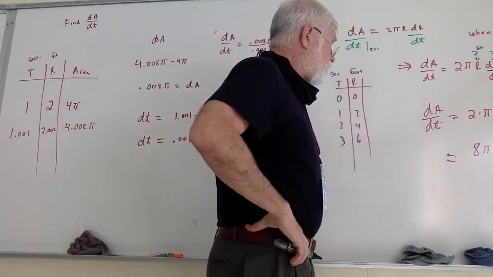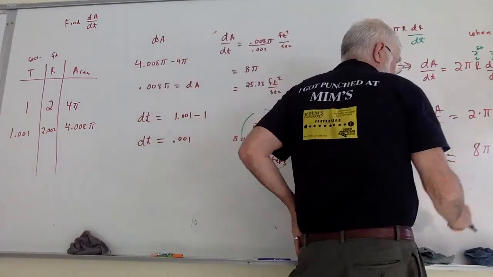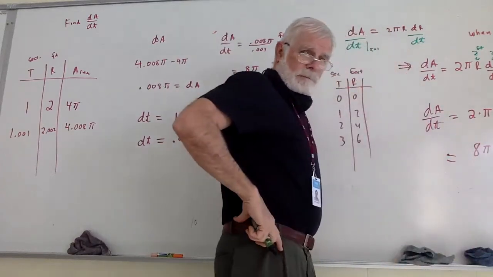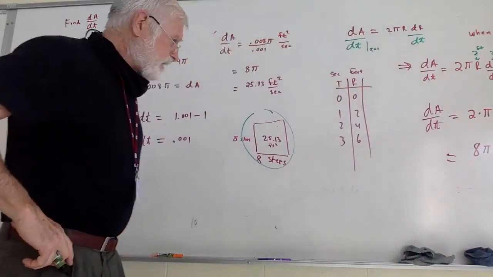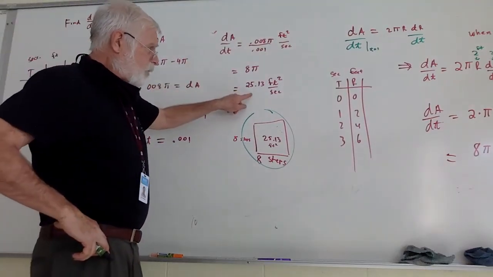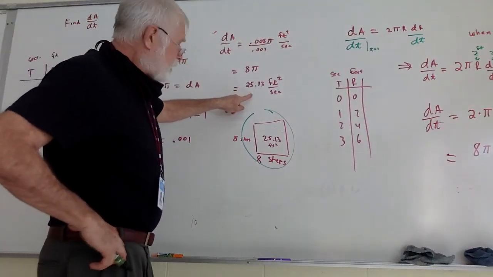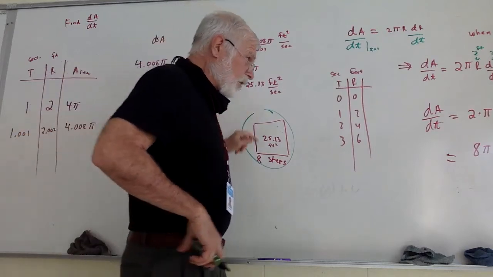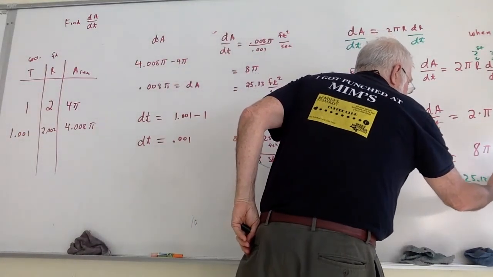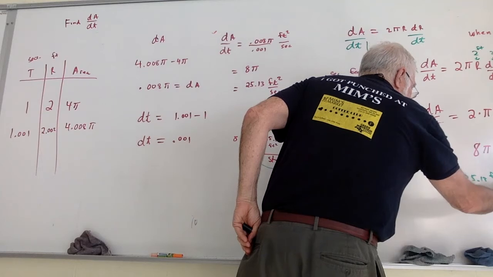And if we plug in the 2 and the 2, by golly, I get 8 pi feet squared per second. And when I looked at the decimal over here for 8 pi, I got 25.13. I got a feeling that the calculator is going to give me the same answer over here. 25.13 feet squared per second.